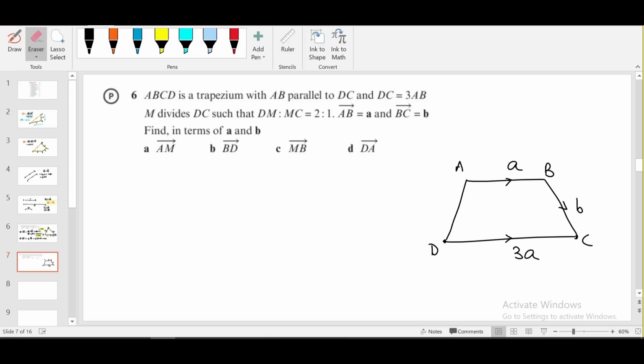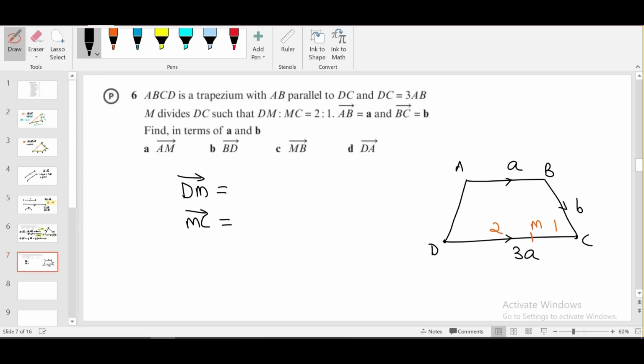Okay? Yeah. Now M divides DC. M is a point on DC in such a way that, let's say M is here. It divides the line into 2:1, right? Yeah. That's what the question says. I want you to think about it and tell me what would be DM now and what would be MC.